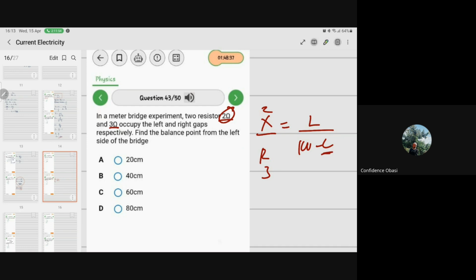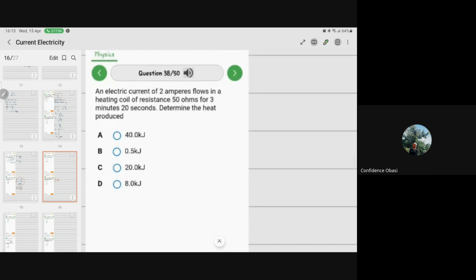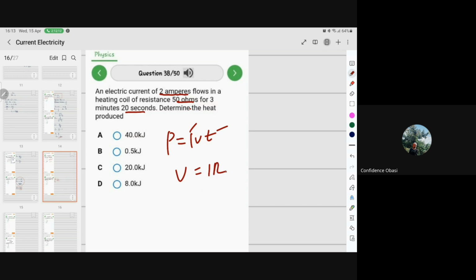All right. Then for this up one, like I said, you have the current already, I. You have the resistance. You have the time. We know that P is equal to IVT. Right. So they gave us I. They gave us time. You can get your V, right? V is equal to IR. Then plug it in here to get the heat. Is that okay? So it's just direct.